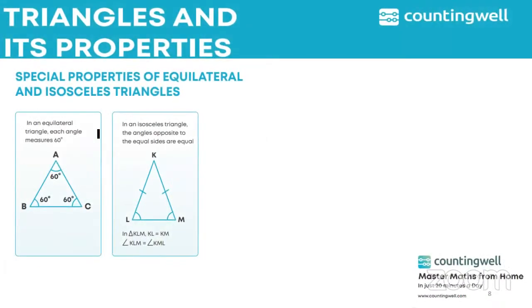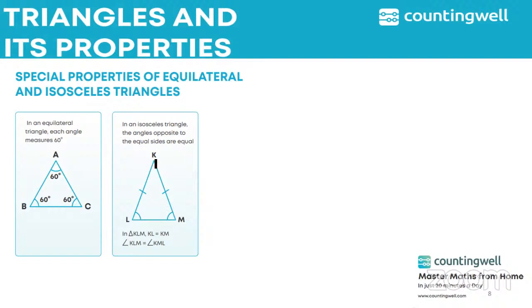Let us see some special properties of equilateral and isosceles triangles. In an equilateral triangle, each angle measures 60 degrees. And in the case of an isosceles triangle, the angles opposite to the equal sides are equal. So here you can see the sides KL and KM are the equal sides.